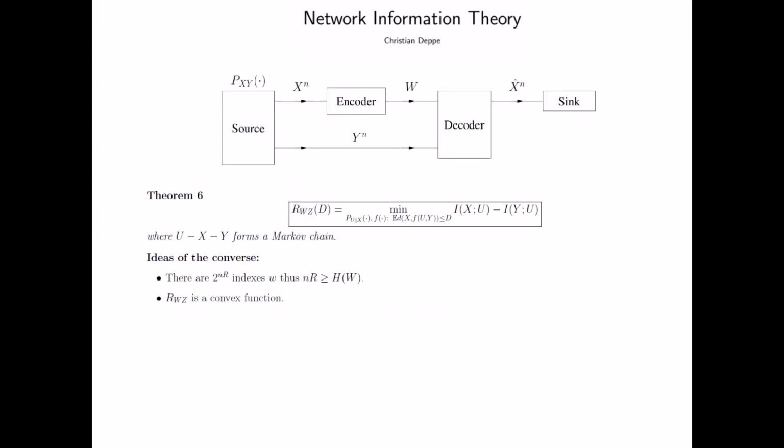And I already showed you that we can achieve this region here: the minimum over all these auxiliary channels and all functions such that the expected value of the distortion between X and f(U, Y) is smaller or equal D, of the mutual information of X and U minus the mutual information of Y and U. Today we will do the converse, and for the converse we will start as usual: there are 2^{nR} indices W, so we can start that nR is greater or equal H(W).